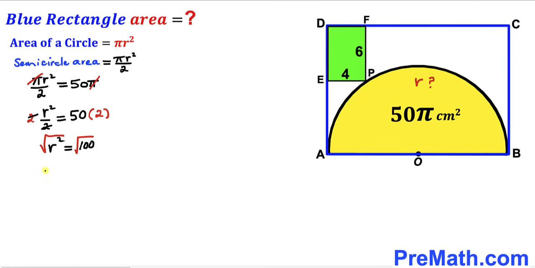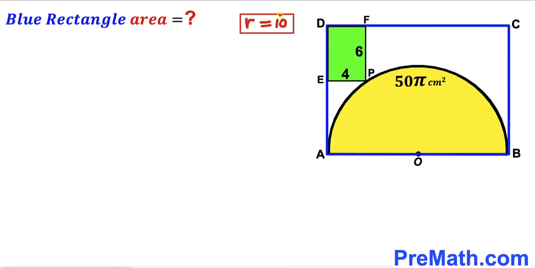Therefore our radius r turns out to be 10 centimeter for this yellow semicircle. In other words, AO is the radius 10 centimeter, and likewise OB length is 10 as well.